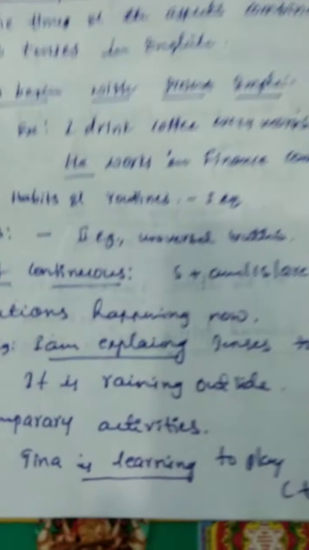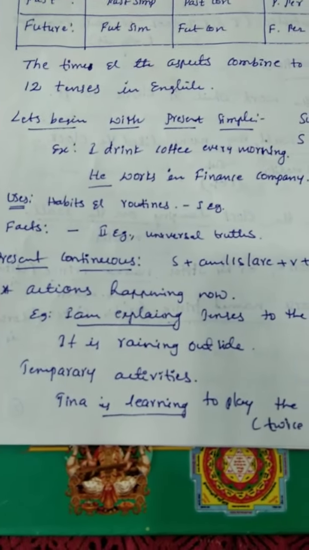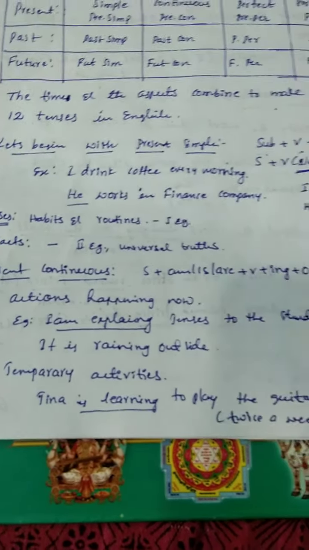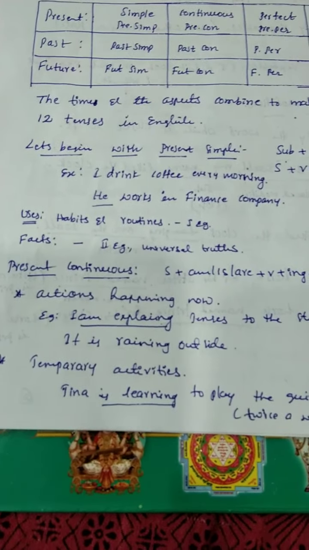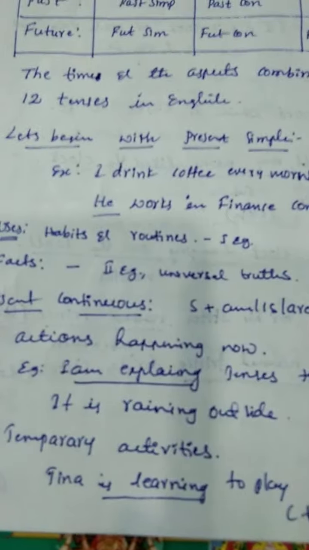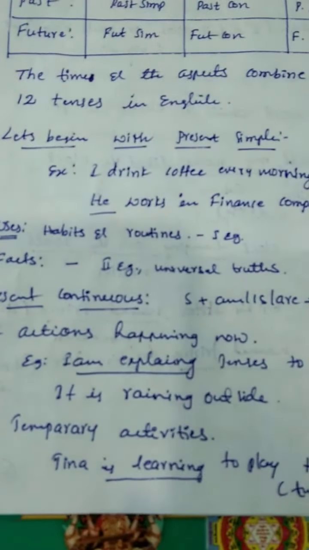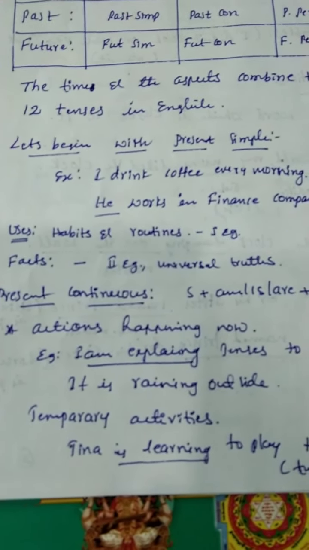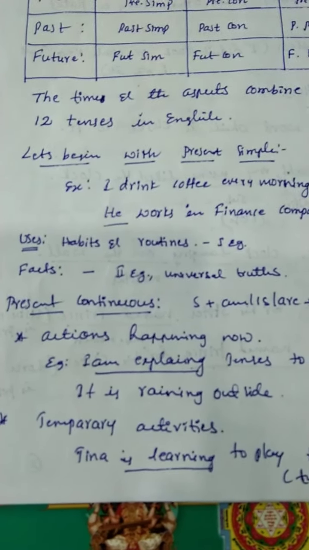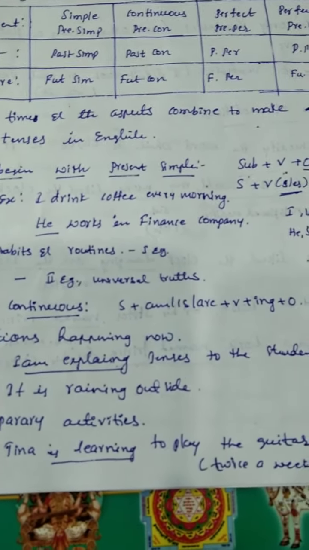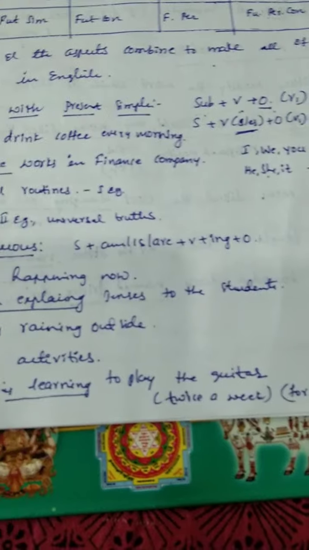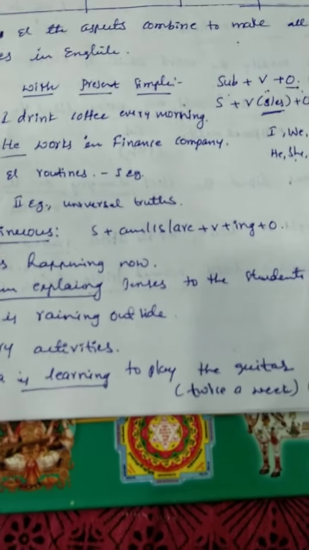Let's see the uses of simple present tense. We use simple present tense for habits, routine works and facts. Daily habitual actions. For example, I drink a coffee every morning.